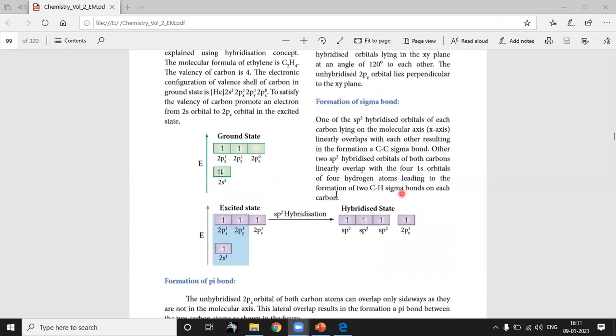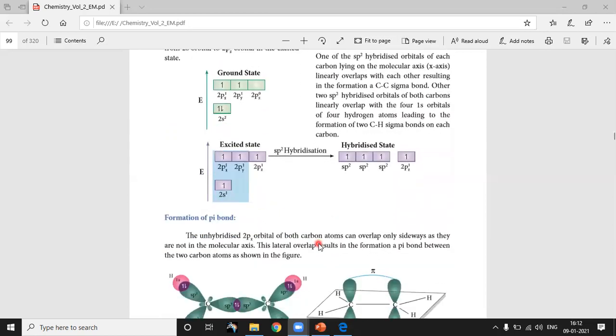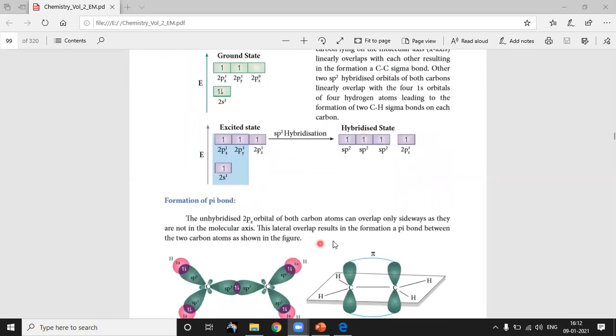That is, one of the sp2 hybridized orbitals of this carbon leads to the formation of the CC sigma bond, and again these two sp2 hybridized orbitals of both the carbons overlap with the 4 1s orbitals here. Okay. So that we are having the formation of CH sigma bonds.